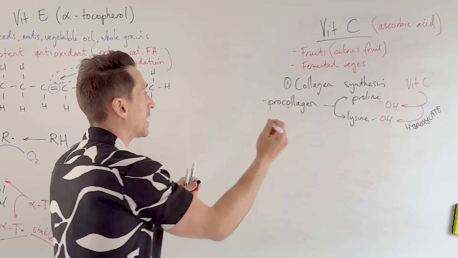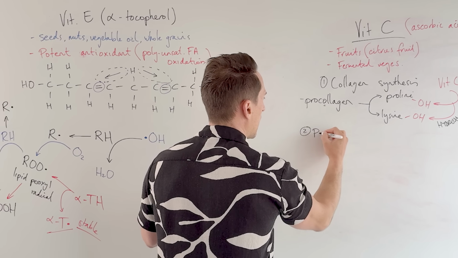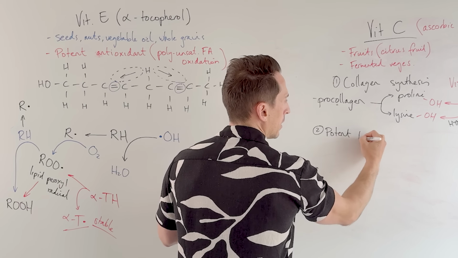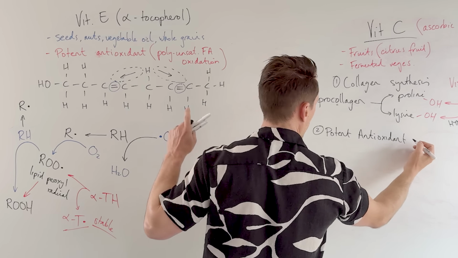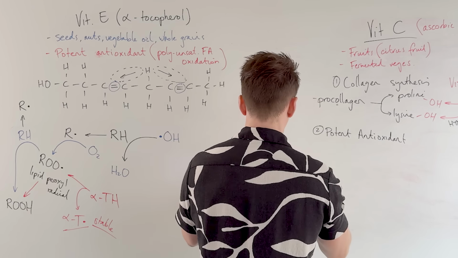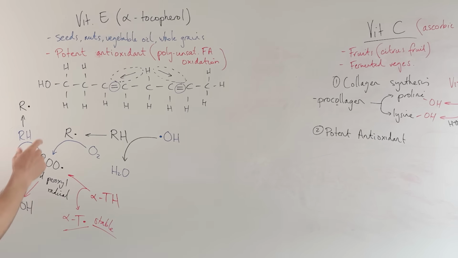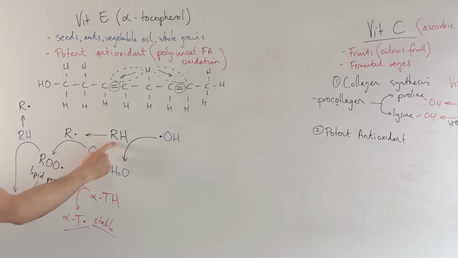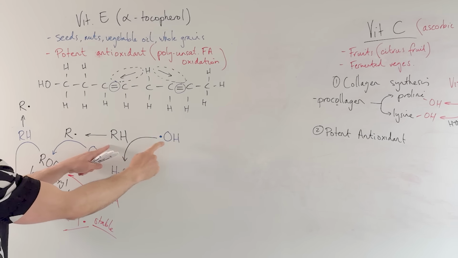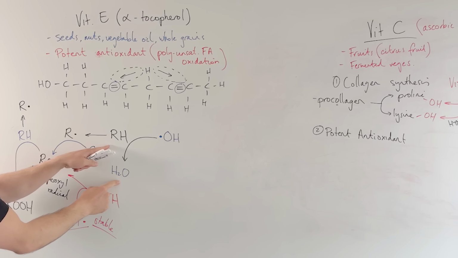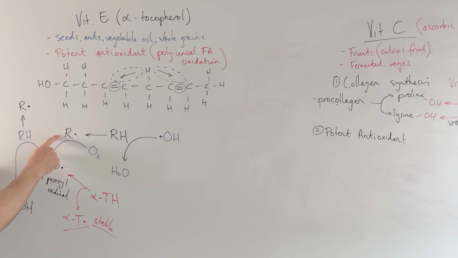All right, the second thing that vitamin C does is, again, it's a potent antioxidant. Now, when else did I say that? I'll give you a hint. Over here. I said that vitamin E is a potent antioxidant. When you've got your polyunsaturated fatty acid coming across a free radical, it produces water, but now you've got a lipid radical.